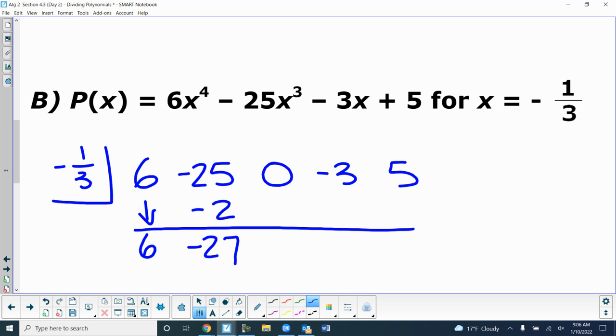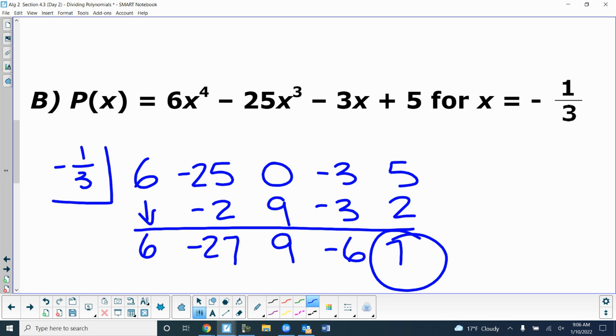What's -27 divided by -3? +9, right? 0 plus 9 is 9. What's 9 divided by -3? -3. Add those, you get -6. We did the +6 and got -2. So what's -6 times -1/3? +2. What's 5 plus 2? What's the answer to the problem? 7. Simple.